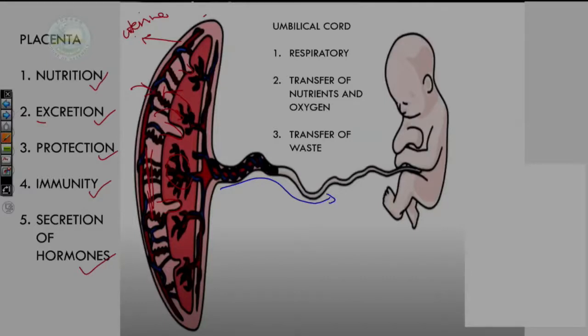So it has a respiratory function, so all the oxygen that the baby needs for respiration will travel through this mass of blood vessels here to the baby, and carbon dioxide that is produced from the respiring cells of the fetus is going to go in the opposite direction to the placenta, and the mother is going to exhale that carbon dioxide.